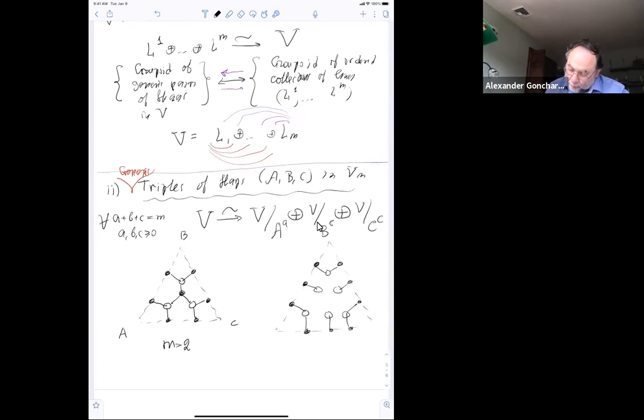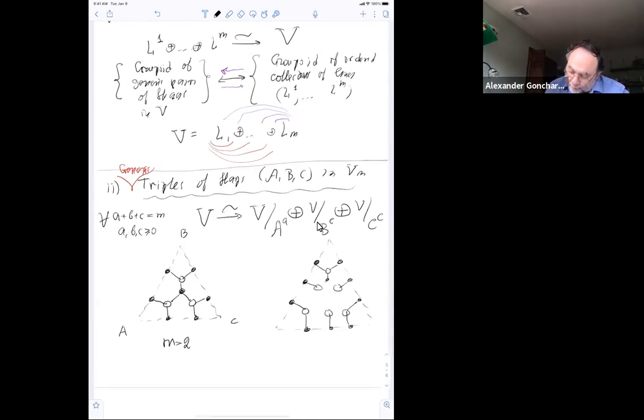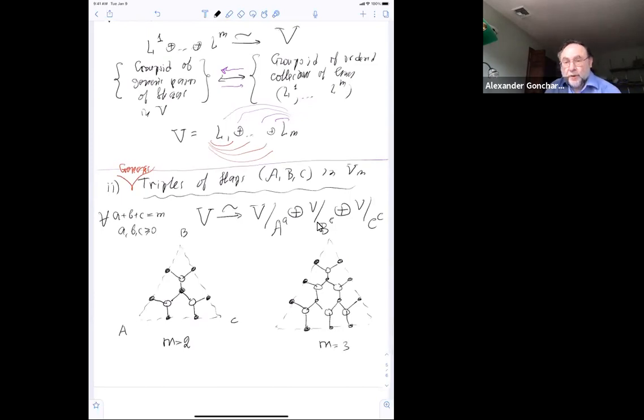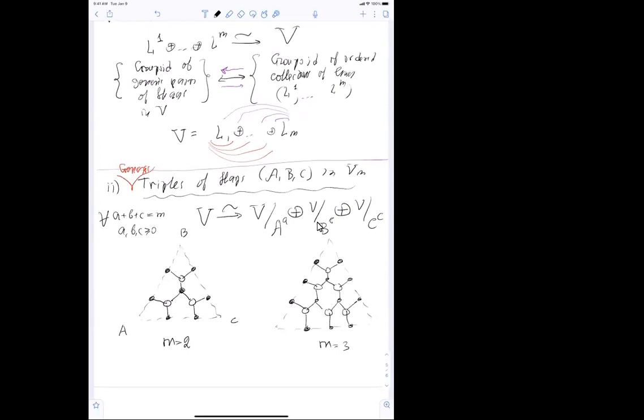And then you can still put the black points inside. And so you get a graph like that. So this is the case when m equals 3. And so I hope it's clear from this what you do for arbitrary m. Is that clear? Yes. Okay.